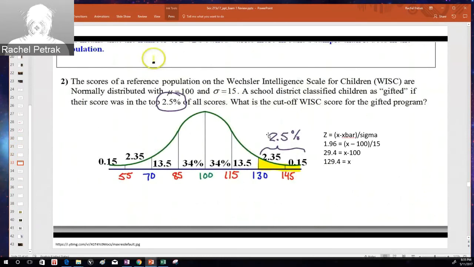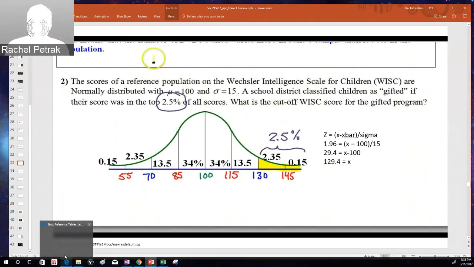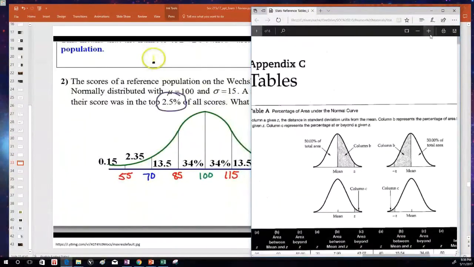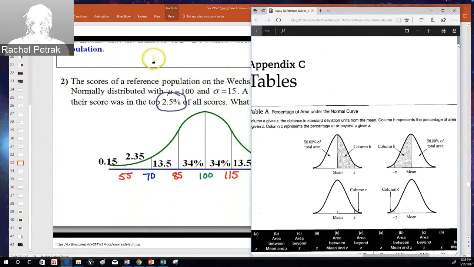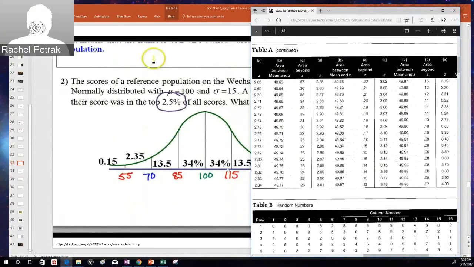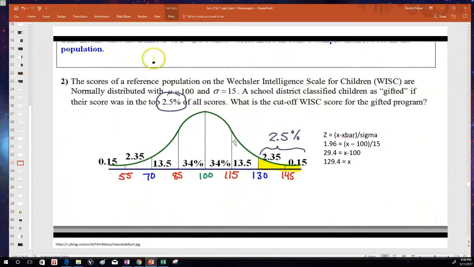So to do that, we know that we're looking for a proportion of the distribution that's 2.5% of the area here. So we can jump right into looking at our z table. And we're looking for the area that's beyond z and is equal to 2.5%.